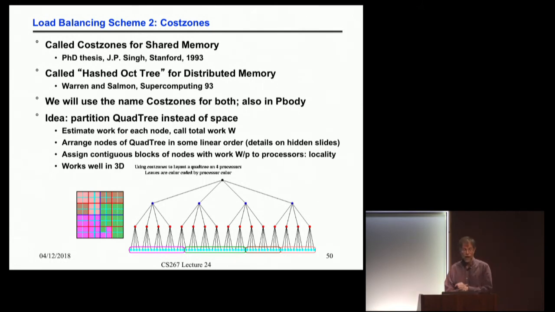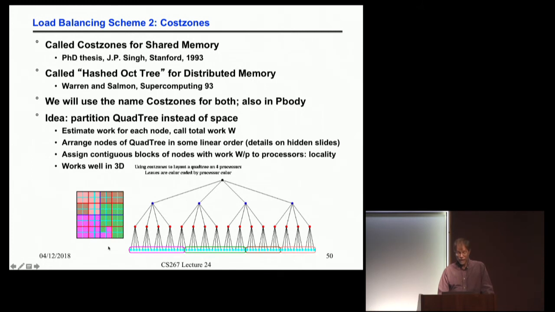We'll use the name cost zones. And so what I need to do is have some way of aligning this quad tree with this geometric structure. And what I'd like to do is have a way so that adjacent nodes, leaves in this tree, correspond to likely geometrically adjacent regions in space, so I can minimize communication.